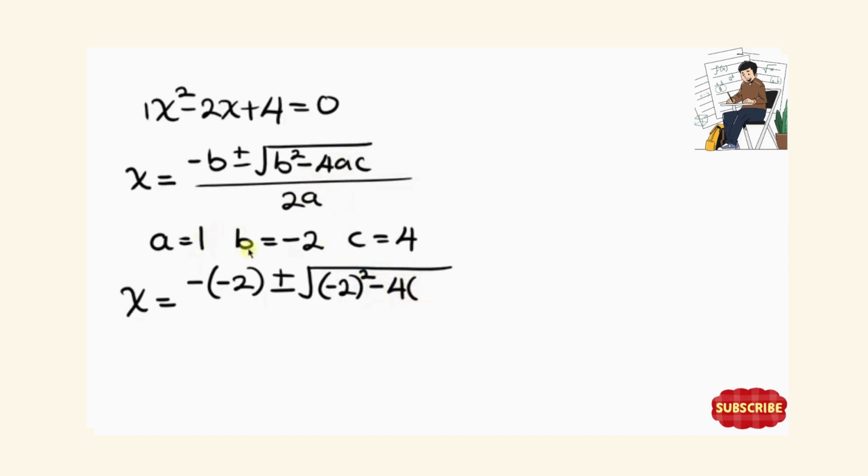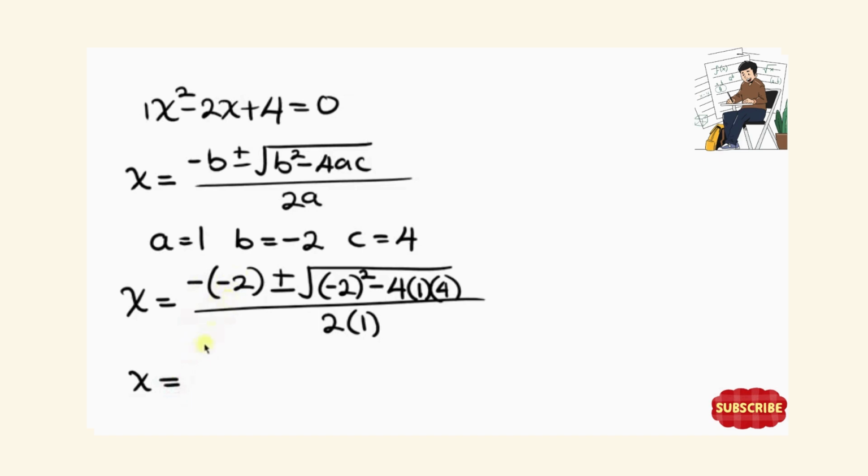What is a? a is 1 times c. What is c? c is 4, so times 4 all over 2 times a. That's 2 times a, which is 1. Very good. So x is now equal to negative times negative gives positive.